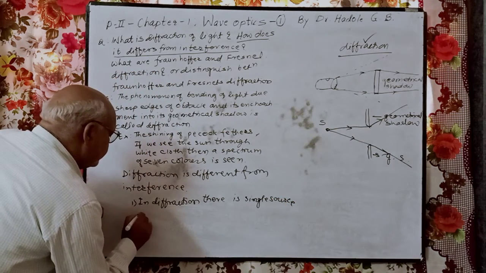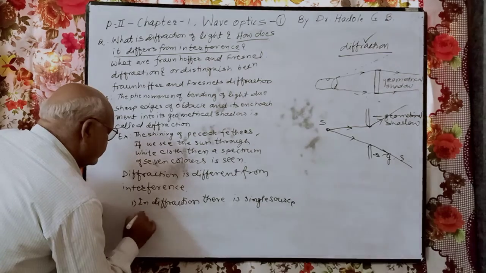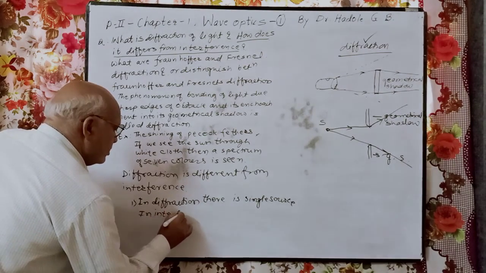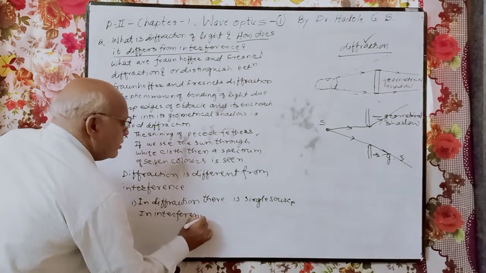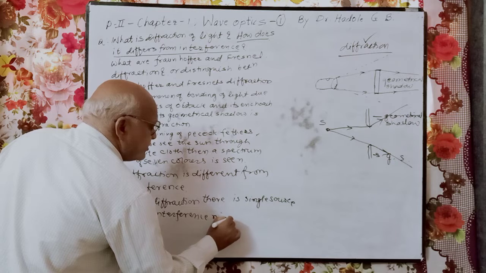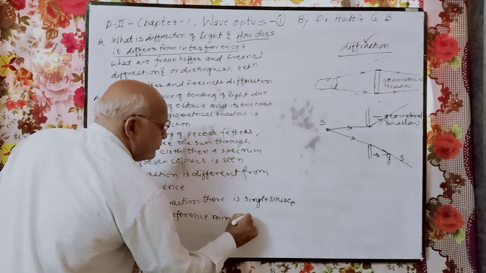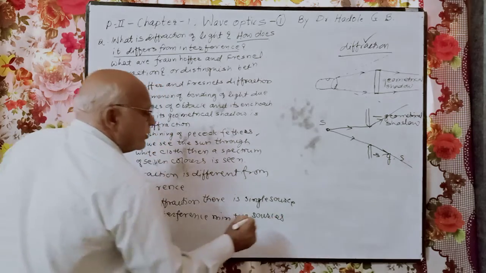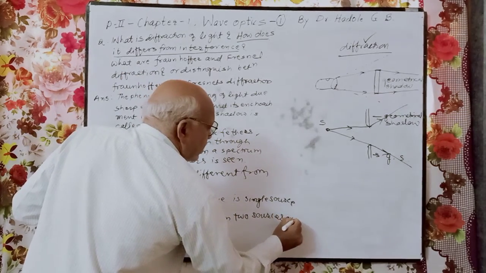In interference, minimum two sources are required.